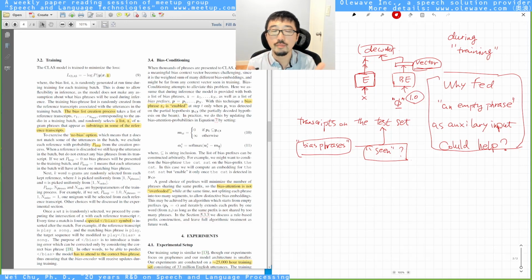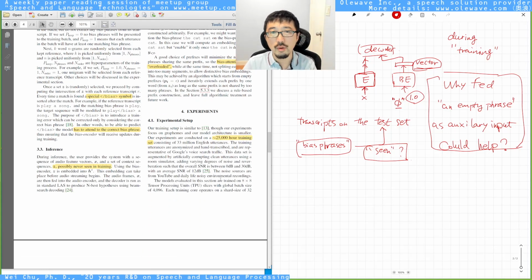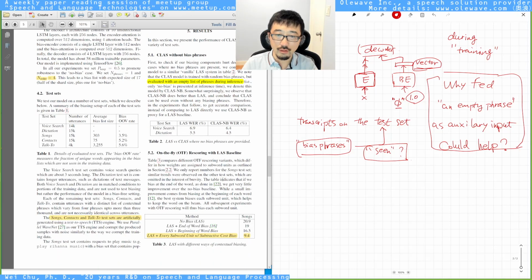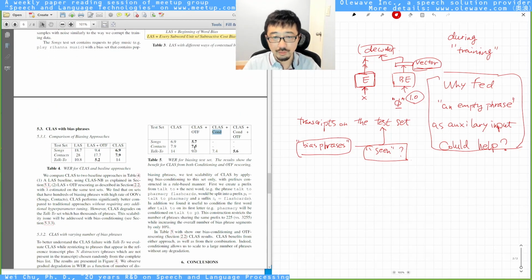If it doesn't appear in the partial result, I just suppress it and give it 0 attention weight. In this way, they intend to suppress those distracting factors, and the result is getting better.